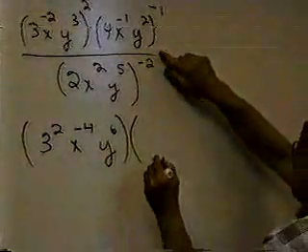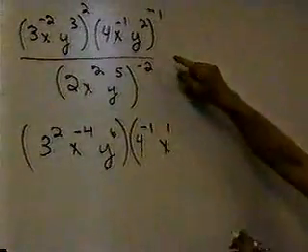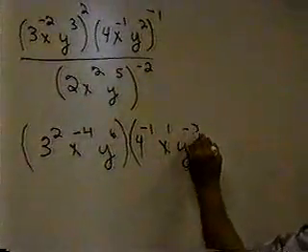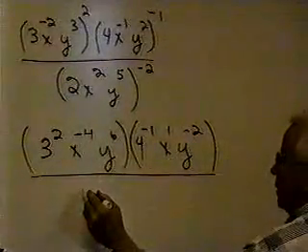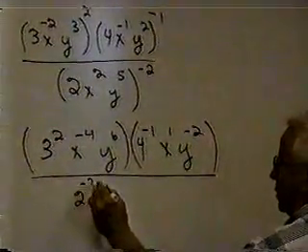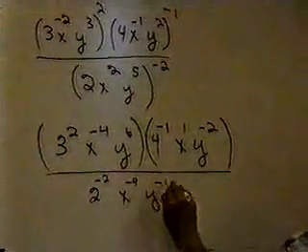And then over here would be 4 to the minus 1, x to the plus 1, y to the minus 2. All over 2 to the minus 2, x to the minus 4, y to the minus 10.